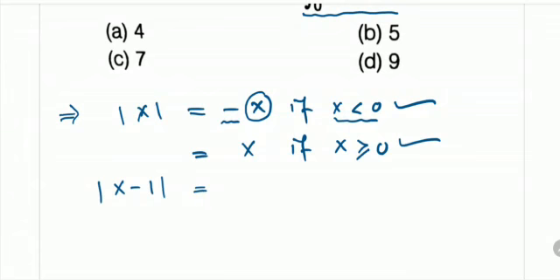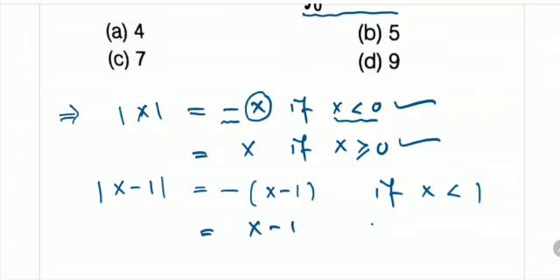Let me write and then I'll explain. This can be written as minus of x minus 1 if x is less than 1, and it will be written as x minus 1 if x is greater than or equal to 1. Let us understand this in little detail. Take value of x equal to say 0.